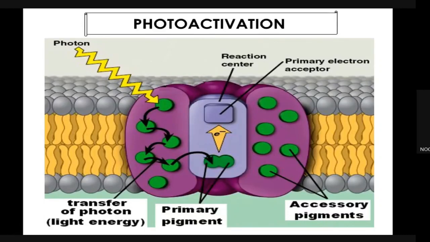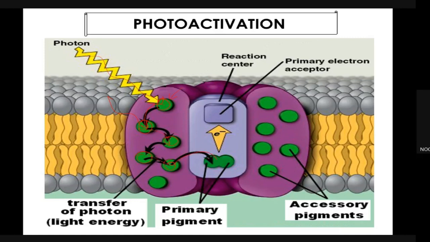electron. As you can see here, the energy, the photon, is absorbed by the accessory pigment, the green molecule in this diagram. Then the energy is channeled to the primary pigment in the reaction center.